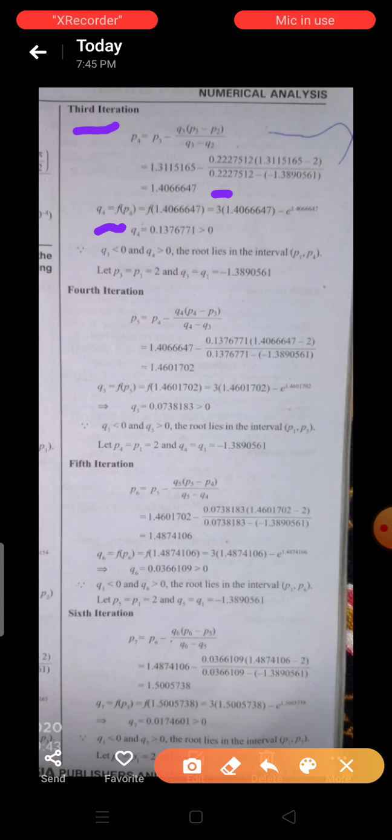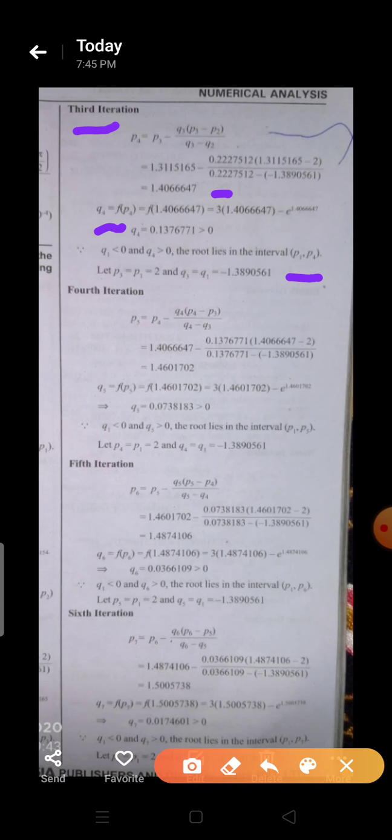Since Q1 less than 0 and Q4 greater than 0, therefore the root lies in the interval P1 comma P4. Let P3 is equal to P1 is equal to 2 and Q3 is equal to Q1 is equal to minus 1.3890561.